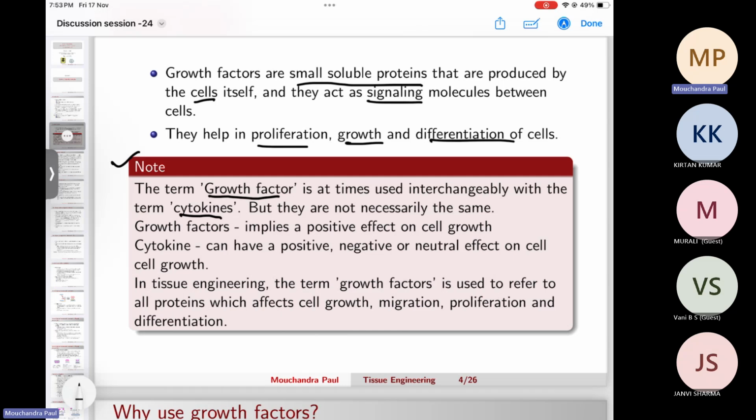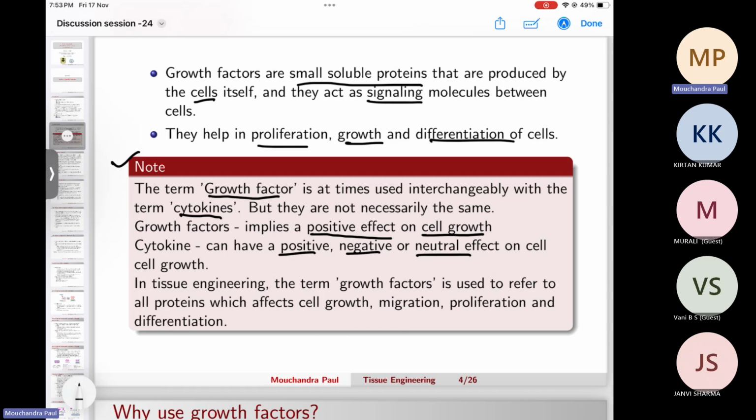The name growth factor is given to those molecules which are known to have a positive impact on cellular growth, meaning they only promote cellular growth. Whereas cytokines are a various family. Under this broad umbrella of signaling molecule called cytokine, people have noted that these molecules have positive, negative, or neutral effect on cellular growth.